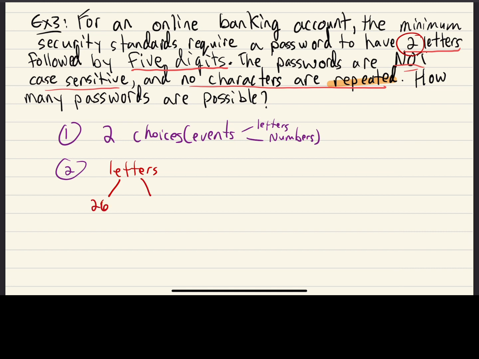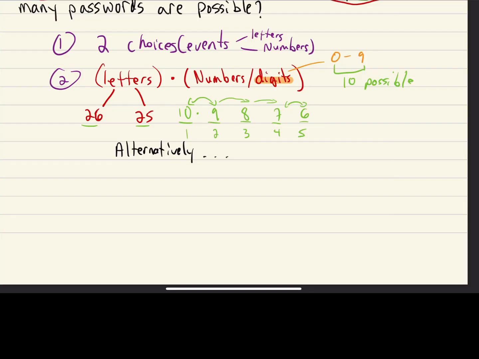But then the second letter, since no characters can be repeated, once you've chosen one letter, you only have 25 letters left. So in terms of the letter events, one of the choices between the 2 can be done 26 ways with 26 different letters, and the other one, once that one is chosen, can be done 25.